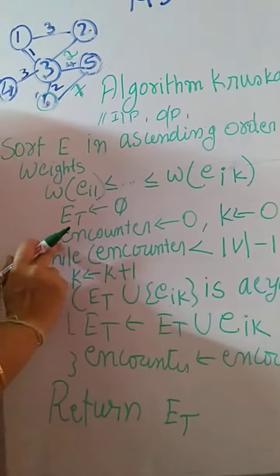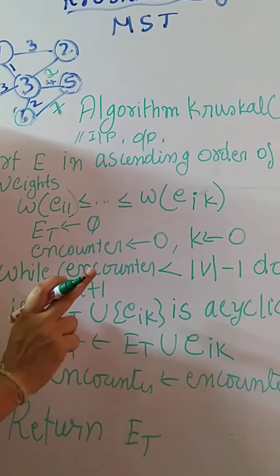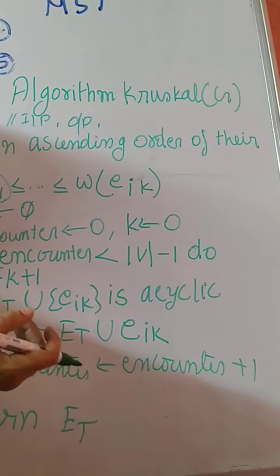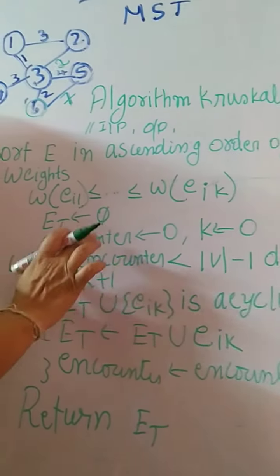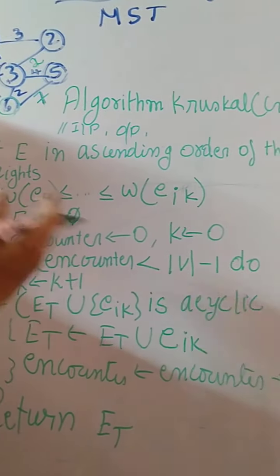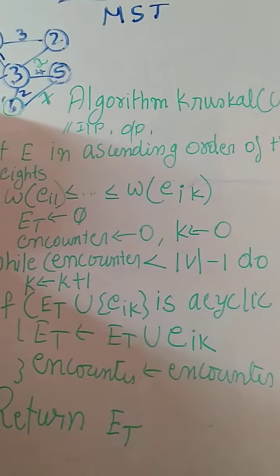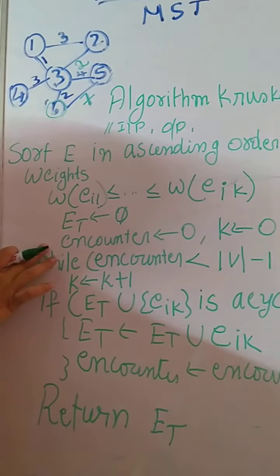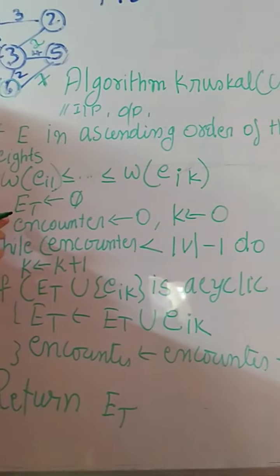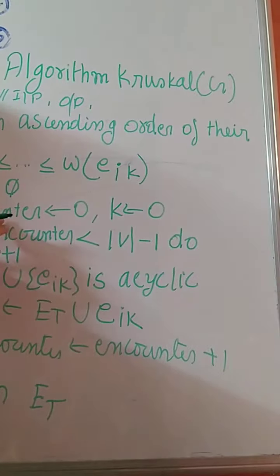And ecounter is a variable which will be used to count the number of edges in the MST. Whenever I add an edge to the MST, increment ecounter by 1. Again, if I add one more, increment it by 1. So the ecounter variable is nothing but a variable which is incremented whenever an edge is added to the MST.